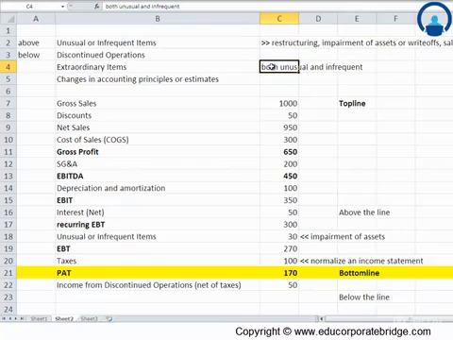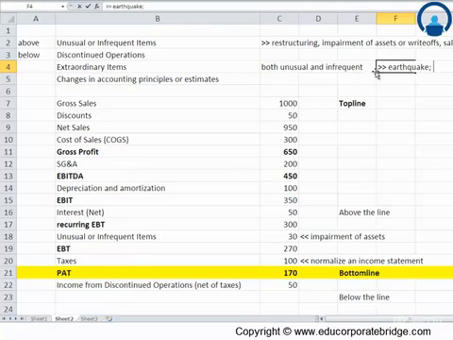Now just to give you an example, what would these be? Let's say a loss due to an earthquake. This can be unusual and an infrequent item. Let's say you have not insured your factory, losses which are uninsured would be definitely unusual and infrequent. Other examples could be tornadoes or eruptions, that can also be a part of the unusual or infrequent.